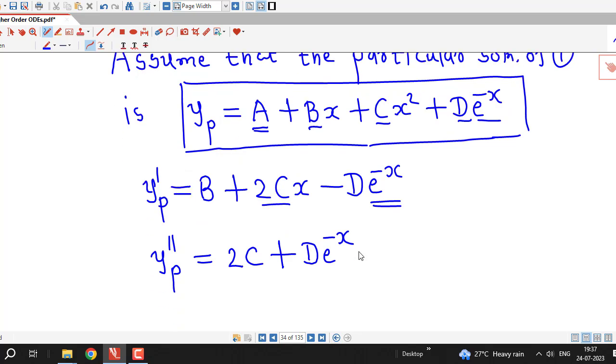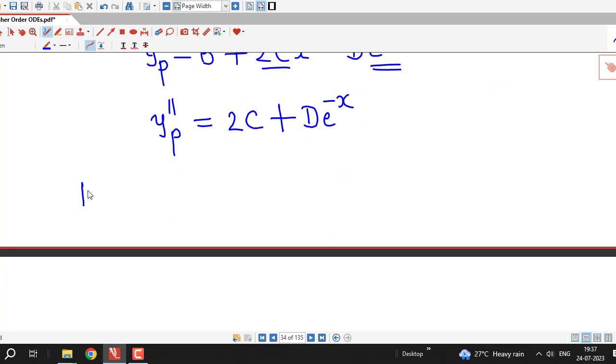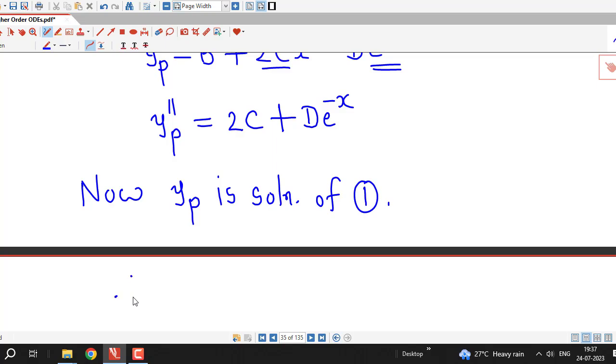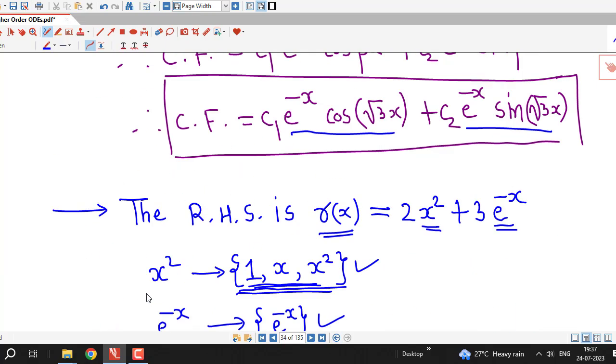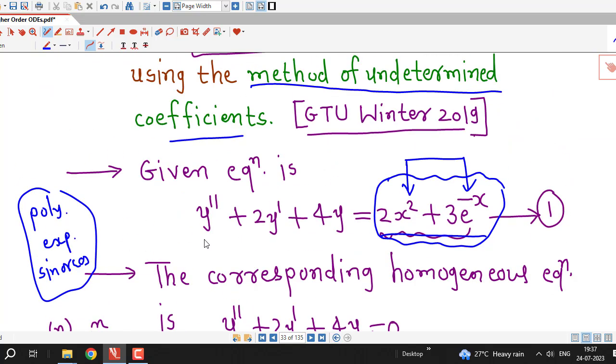Now we have assumed that y_p is a solution of the given equation, therefore y_p will satisfy the given equation. So we can write that y_p is a solution of 1, therefore we can replace y by y_p in this equation.